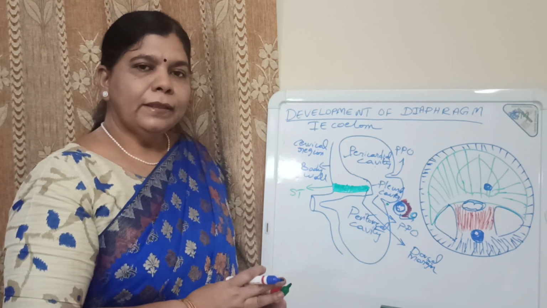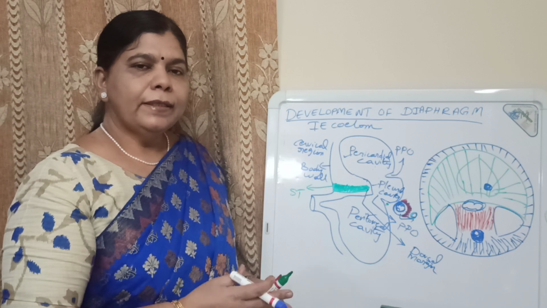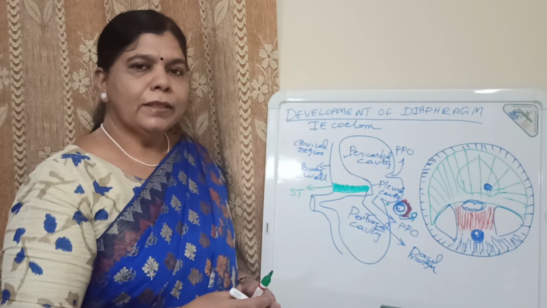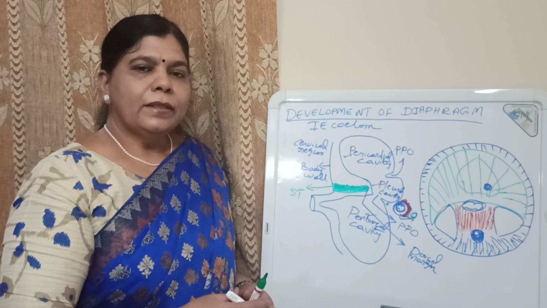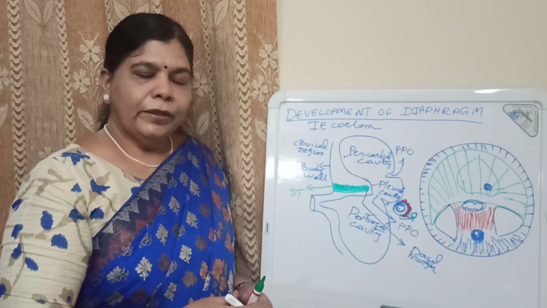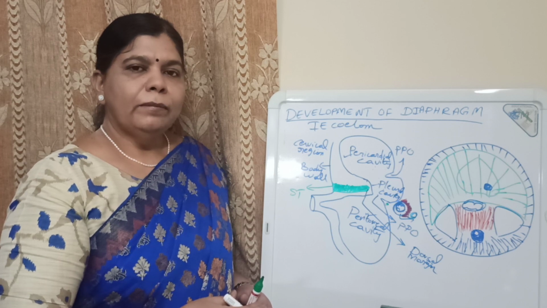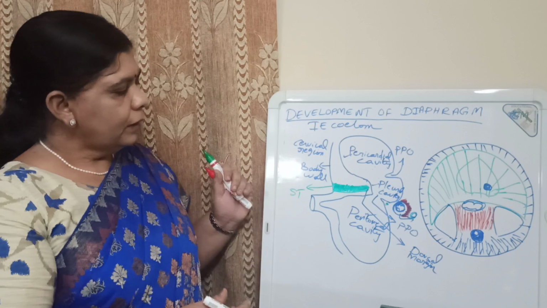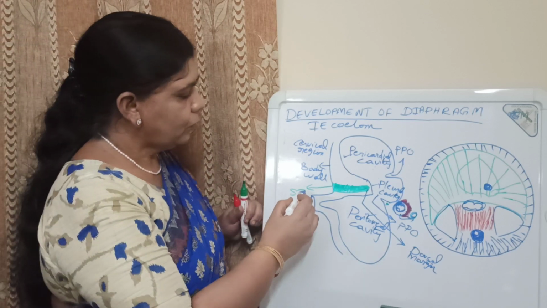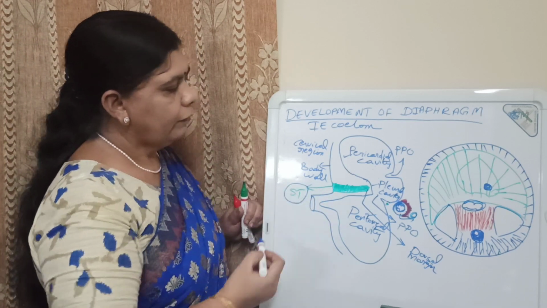But when it is present in the cervical region, it is taking its myotomes from the cervical region, carrying the nerves along. That's how this diaphragm is innervated by the phrenic nerve, which is formed by C3, C4 and C5. So that's how the septum transversum is giving rise to the main part of the development of the diaphragm.